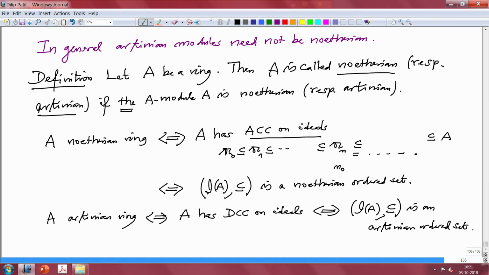Now, two important things: I will give in general examples of Artinian modules which are not Noetherian, but Artinian rings are Noetherian rings. This requires a little bit of effort. We will prove it, but not immediately.